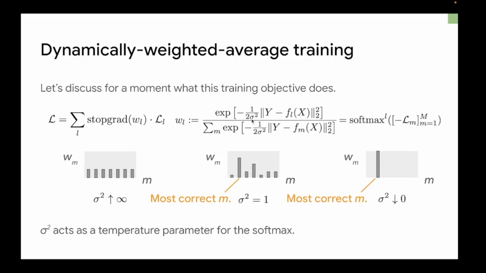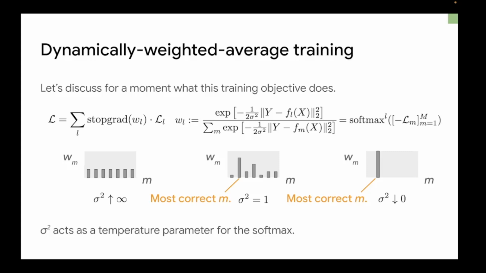And if your temperature is higher, then your softmax value will tend to be uniform. It's higher entropy, basically. And if the temperature is lower, then it tends to be more one-hot vector with lower entropy. So sigma here is kind of hyperparameter deciding how to assign weights.